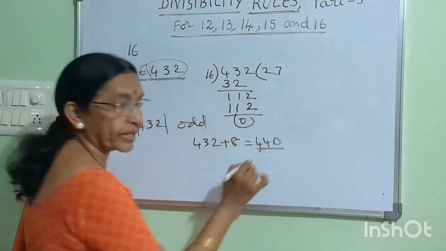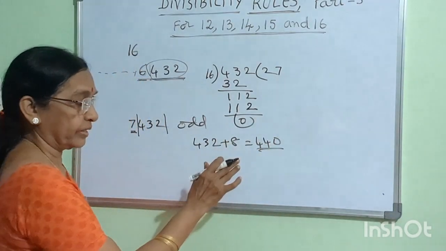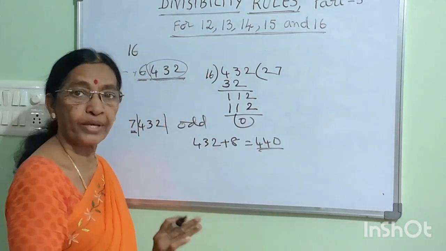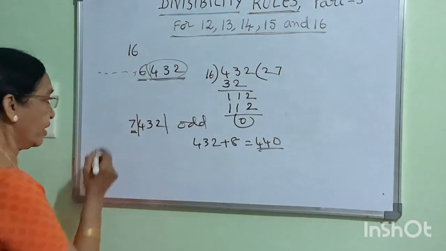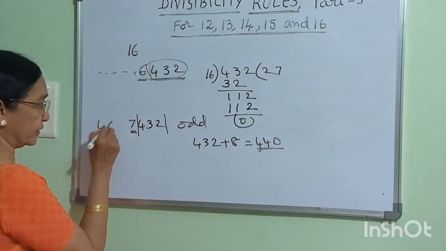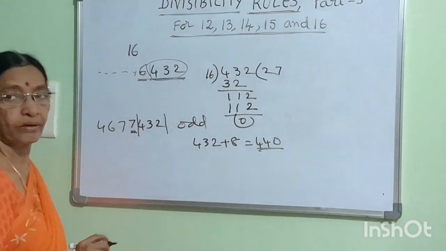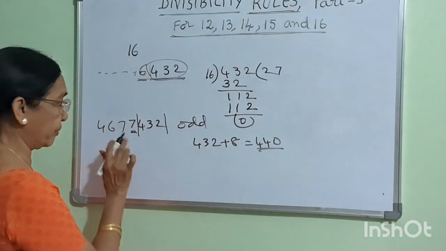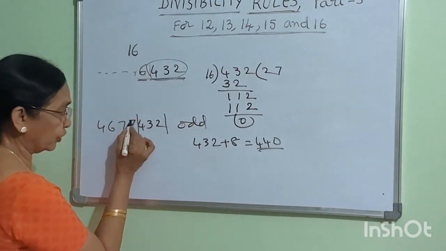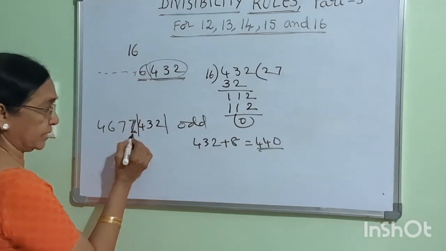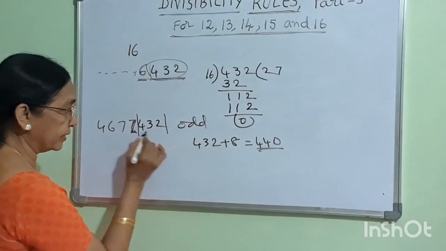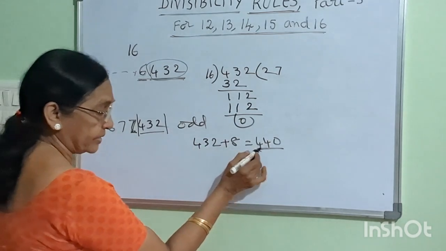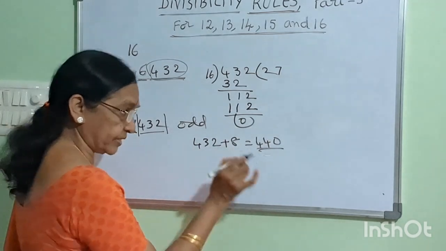Then we have to apply the rule to this number. If this number is divisible by 16, then the whole number is divisible by 16. Whatever digits are there, 4, 6, 7, like that, whatever large the number is, if the digit in the thousands place is odd, we have to add 8 to the first 3 digits and see whether it is divisible by 16 or not.